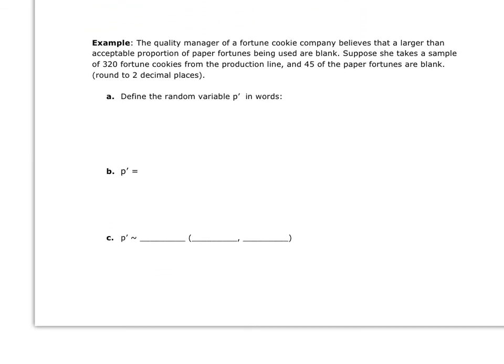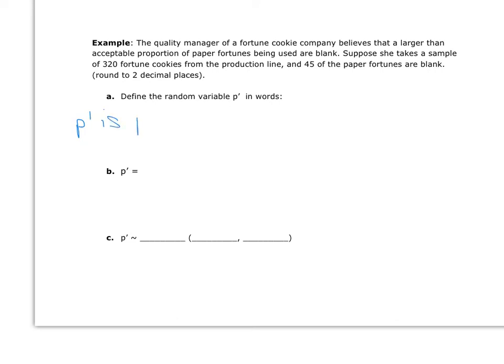A quality manager of a fortune cookie company believes that a larger than acceptable proportion of paper fortunes being used are blank. Suppose she takes a sample of 320 fortune cookies from the production line and 45 of the paper fortunes are blank. Round to 2 decimals. Okay, so we want to define P prime.